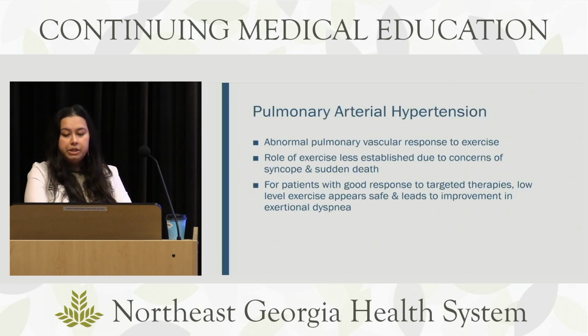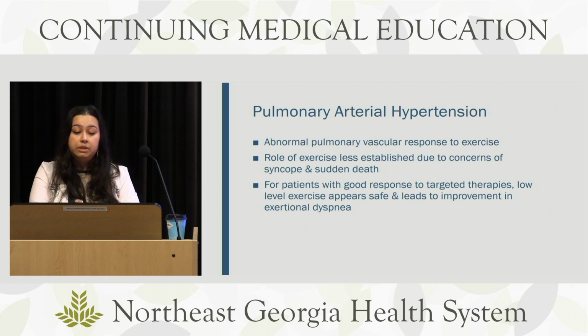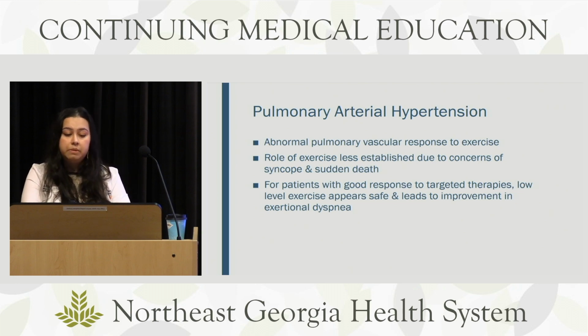Pulmonary arterial hypertension. So this is a group of disorders where you have persistent elevation in pulmonary vascular resistance, and then that leads to progressive dyspnea and severe activity limitations, and then eventual death due to right heart failure. So the role of exercise is less established in this particular group of patients because there are concerns of syncope and sudden death.